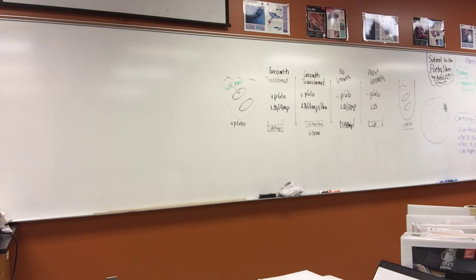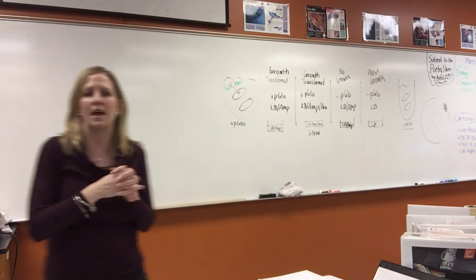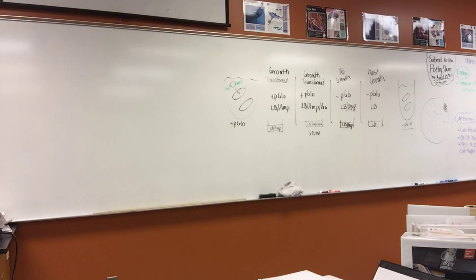So what you should see on the plate looks like one big smear of bacteria, so many that the colonies are all together. You guys see that? Okay. So that's what you should have seen.